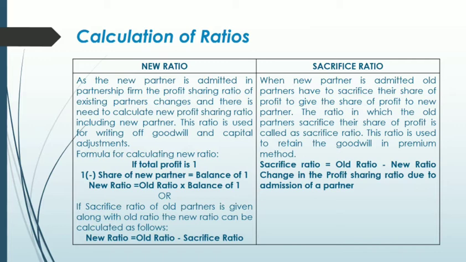This ratio is used to retain the goodwill in the premium method. Therefore, the formula for sacrifice ratio is old ratio minus new ratio, the change in the profit sharing ratio due to admission of a partner. Hence, we can simplify that sacrifice ratio is old ratio minus new ratio.